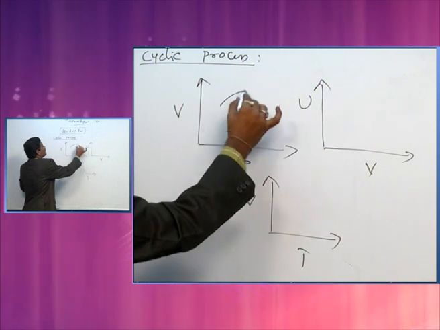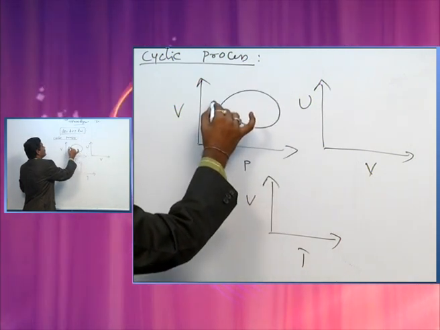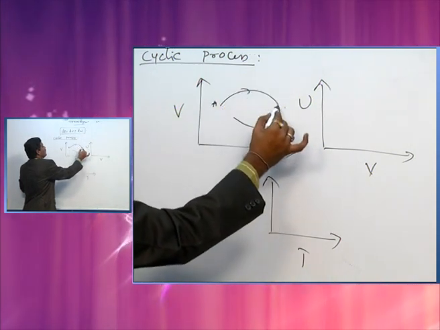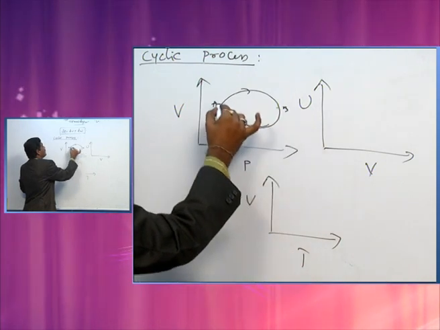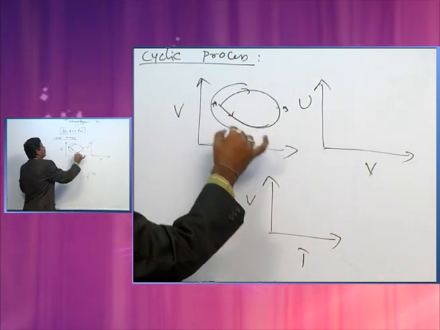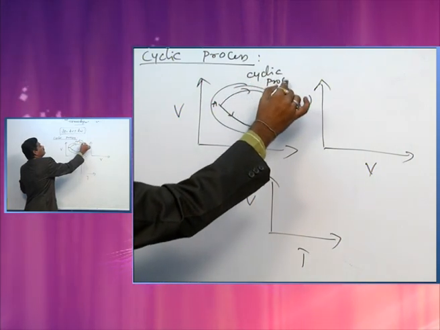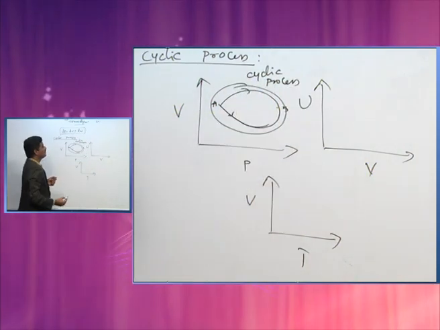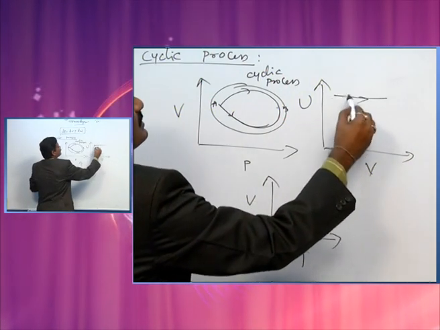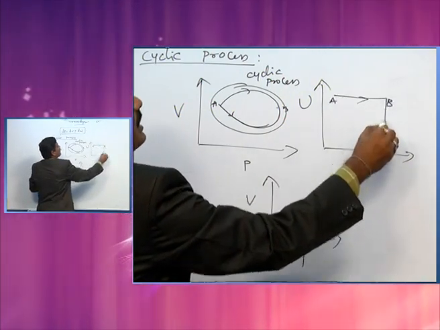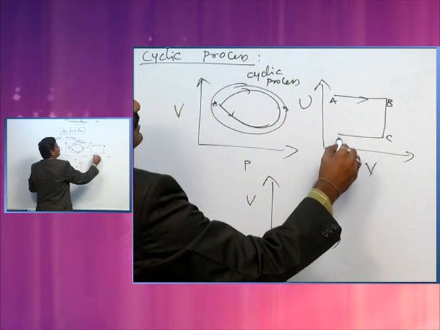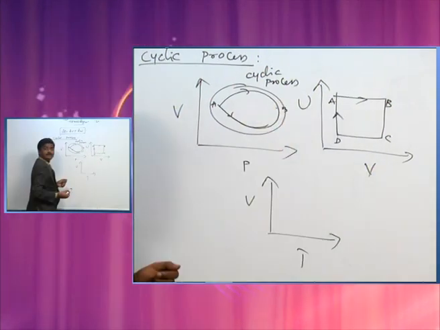Suppose the process starts from point A, goes to some point B and again comes back to point A, then the process is called a cyclic process. So it is a round trip. Suppose this is the process, A, B, next C, next D.